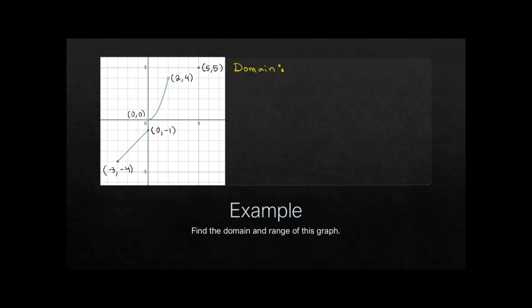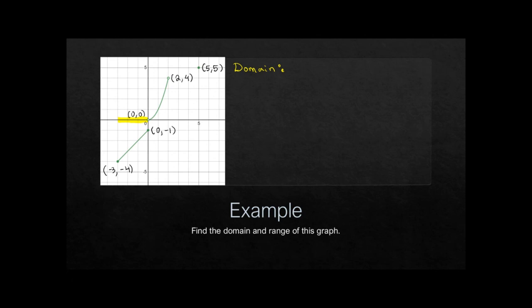So I'm going to start with the domain, and I'm going to do the highlighter method again. It's a little easier when you have a clear grid here. That first section is on the part that I've highlighted on the graph. So it goes from -3 to 0.